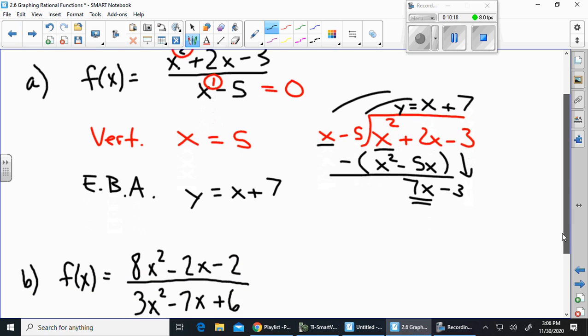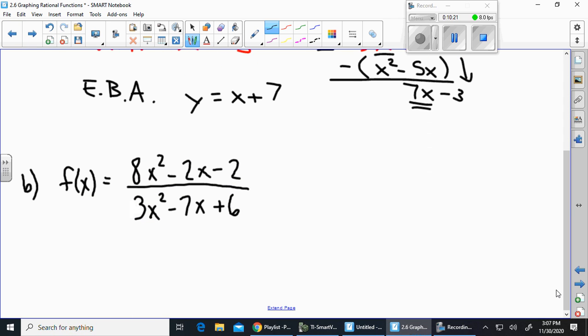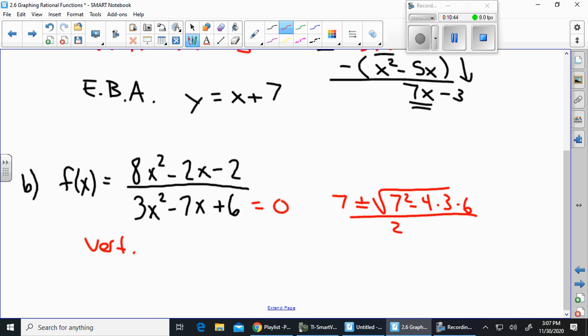I'll do one so you can see that. How would I find my vertical asymptote? Set the bottom equal to 0. Now, you can't factor that. Do the quadratic formula: opposite of b, plus or minus the square root of b squared minus 4 times 3 times 6, all over 2 times 3.